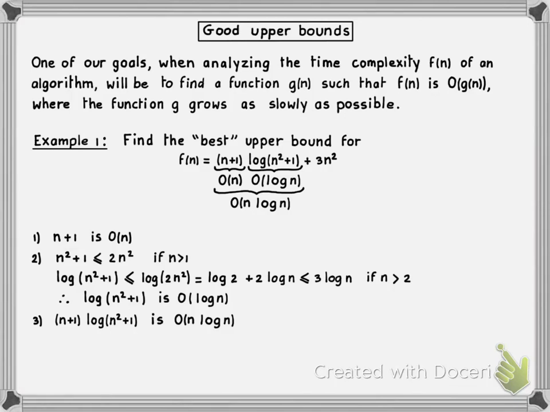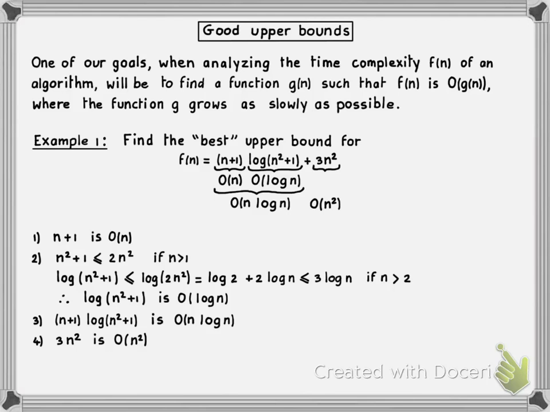Now that we have an upper bound for the first component of f of n, we can consider the second component of the addition. The function 3 times n squared, being a polynomial of degree 2, is clearly big O of n squared. Let's record that.